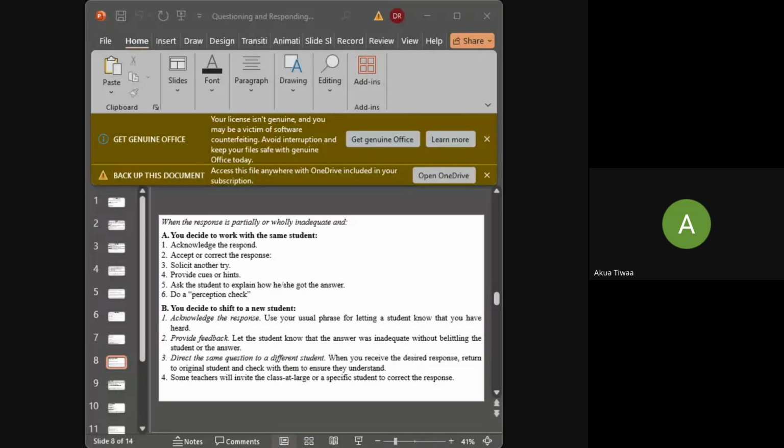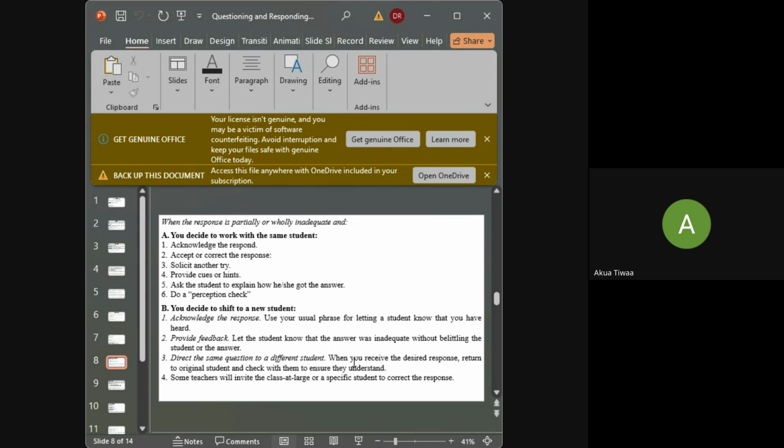Again, if you want to shift to the next person because the answer that person gave is still not correct, and you want to work with a new person, that one too, you acknowledge the response. So you use your usual phrase for letting the student know that you have heard.